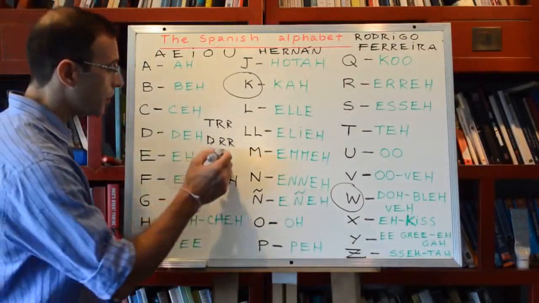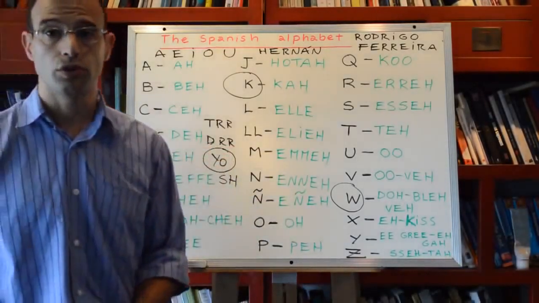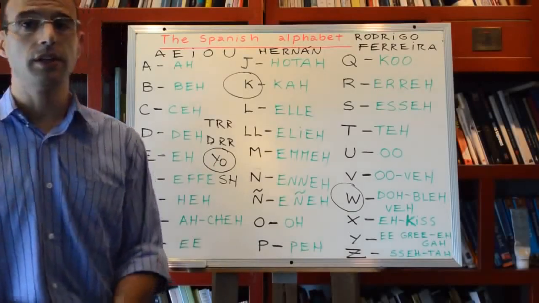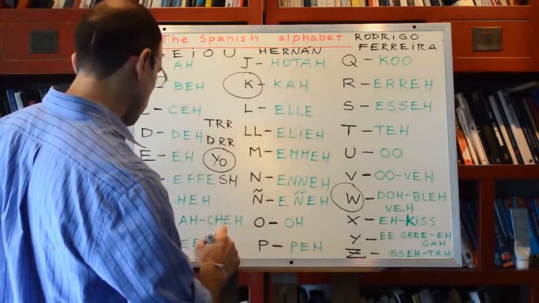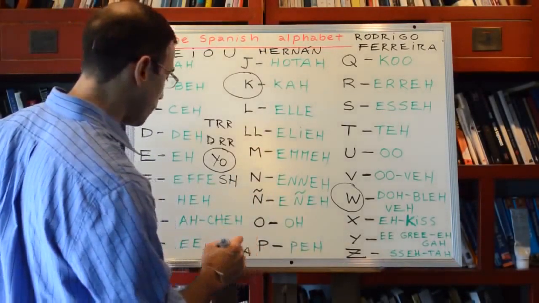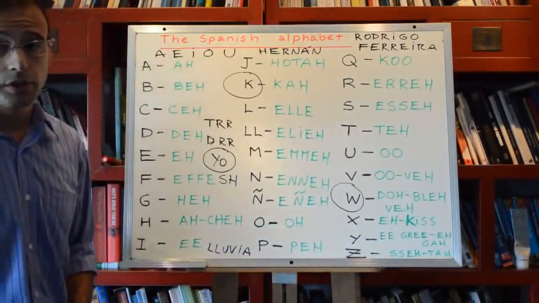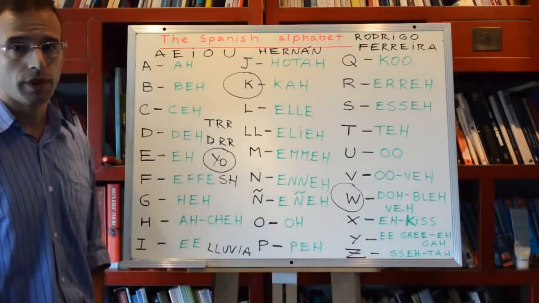Therefore, the pronoun I, yo, is pronounced sho in Argentina and in Uruguay. The word for rain, which in Spanish is lluvia, okay? In Argentina and in Uruguay is pronounced shuvia.